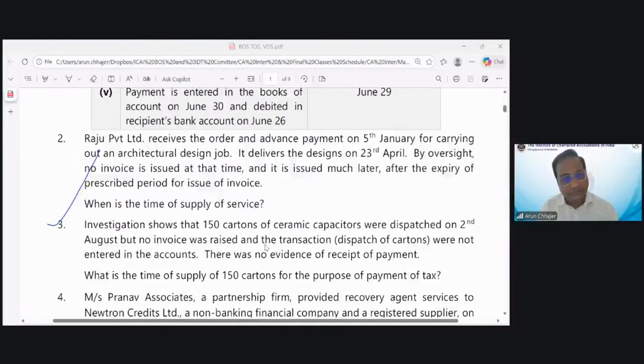Please solve question number 3. Kindly give the answer if it is done.